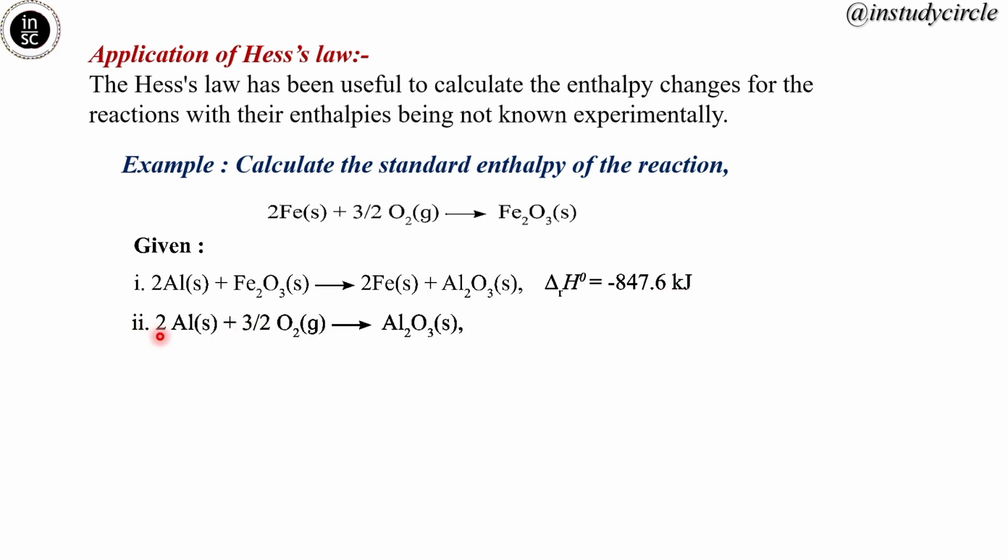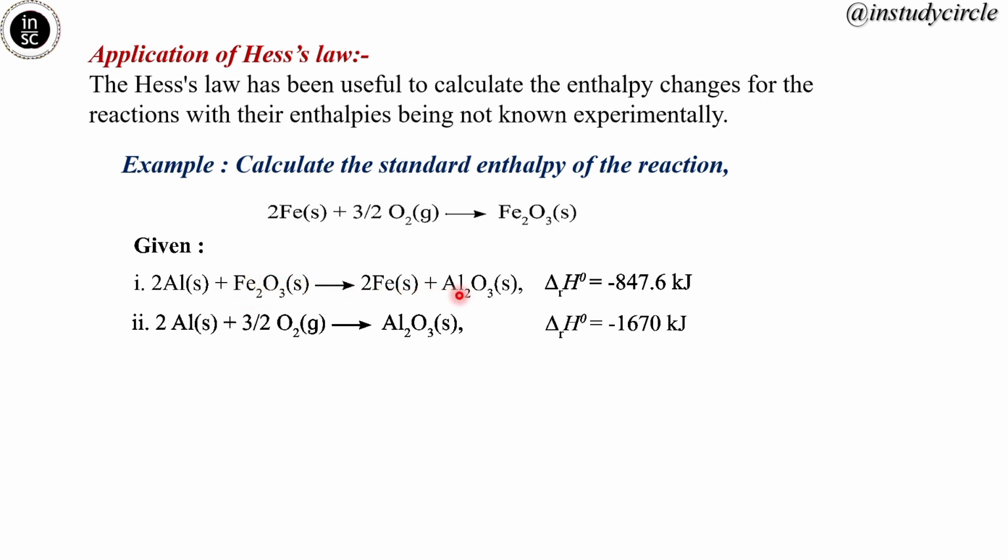The second reaction is 2 moles of aluminium reacting with 3/2 moles of oxygen to produce 1 mole of Al2O3, and the standard enthalpy of this reaction is minus 1670 kilojoules. Look at the desired equation. Fe2O3 is present on the product side, but it is present in reaction 1 on the reactant side. To obtain this Fe2O3 on the product side, equation 1 must be reversed.